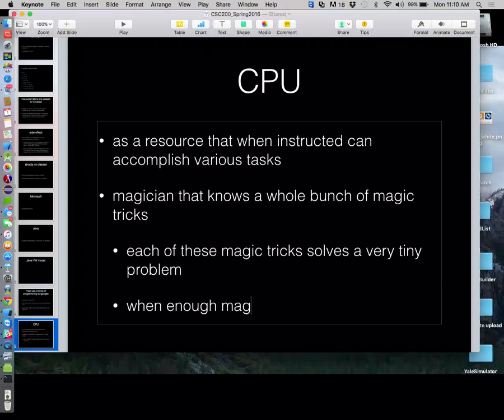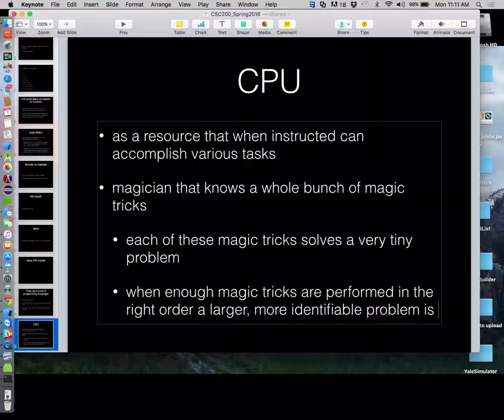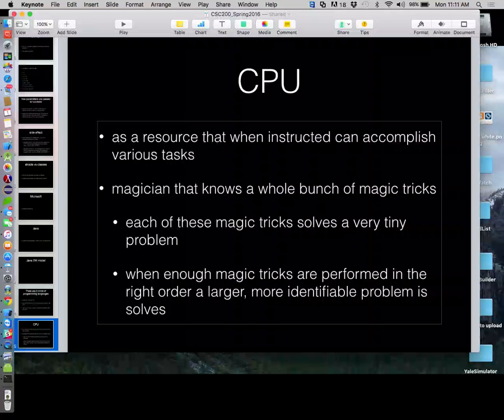When enough magic tricks are performed in the right order, a larger, more identifiable problem is solved. Okay?